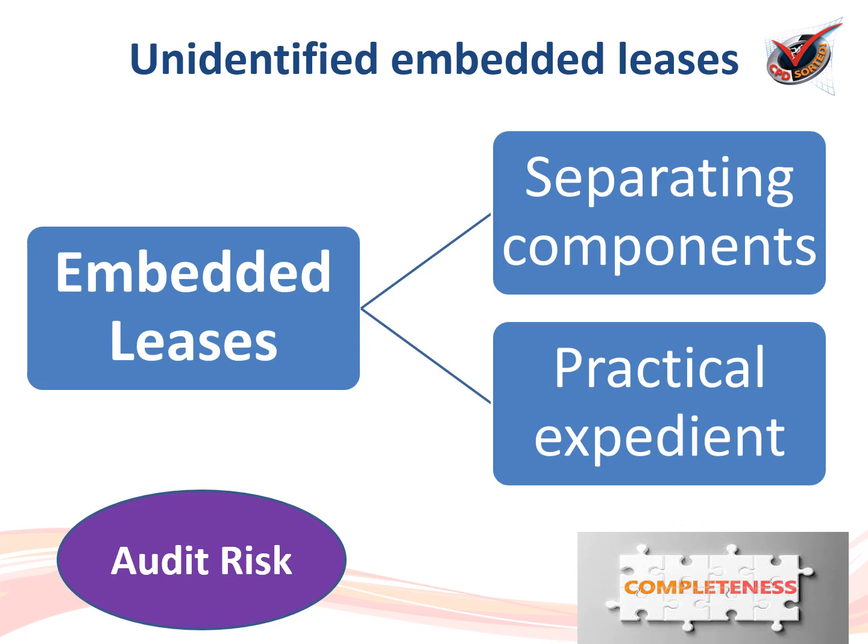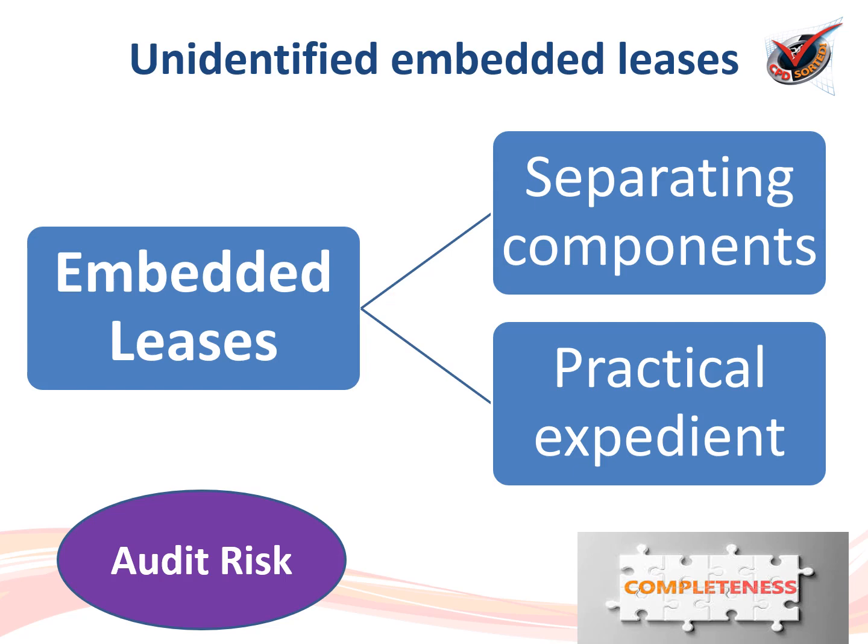For example, a lease for alarm equipment could be part of a larger agreement which includes security services, or there may be an embedded lease for servers, capital software that may be included as part of a larger IT service contract.